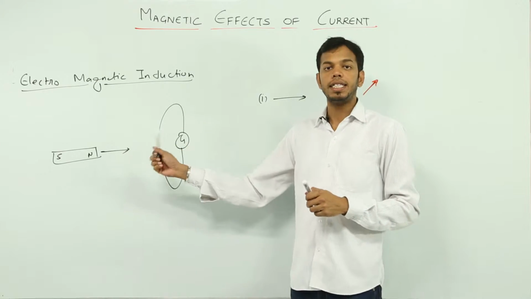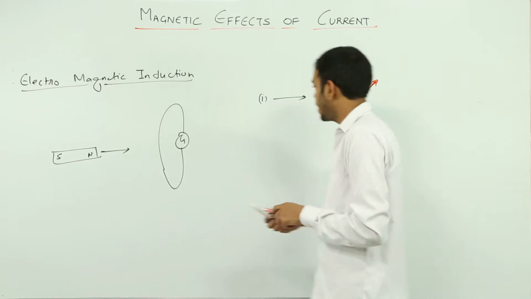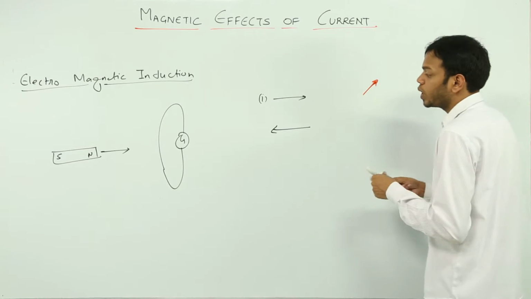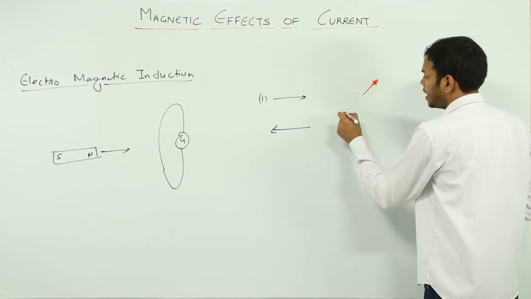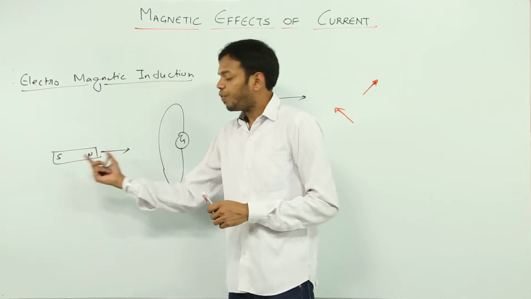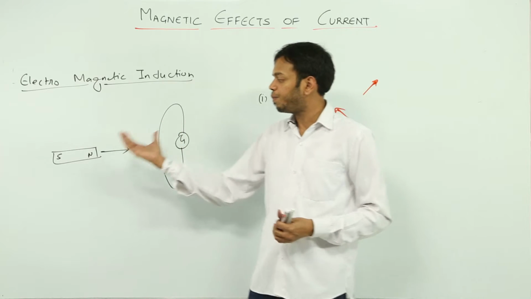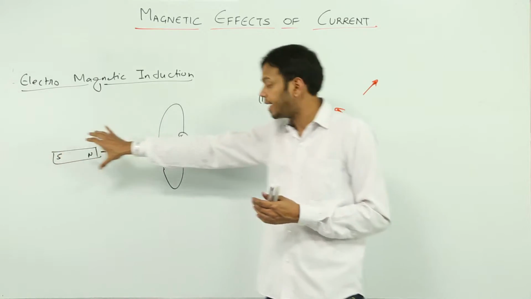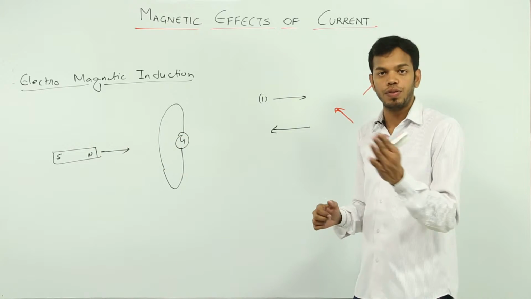When the magnet is taken away from the loop, then this galvanometer is still showing the deflection, but this time the deflection is in the opposite direction. The faster we bring this magnet closer to this loop, the rate at which we can do that.